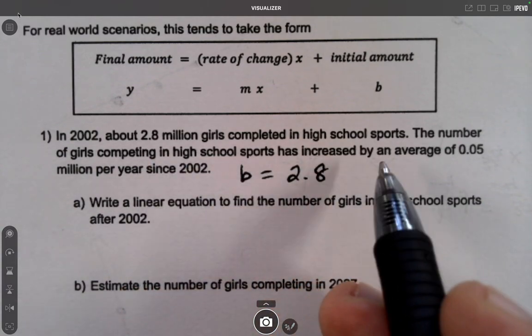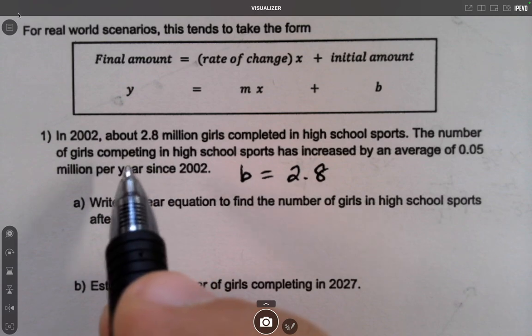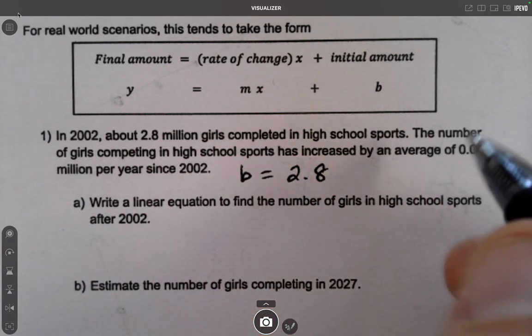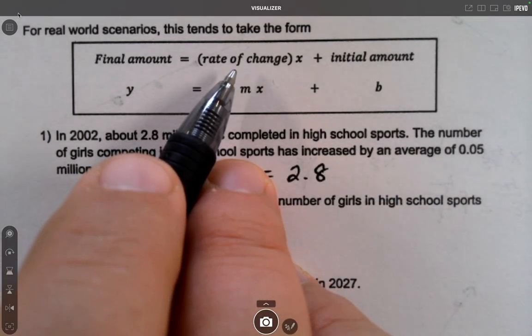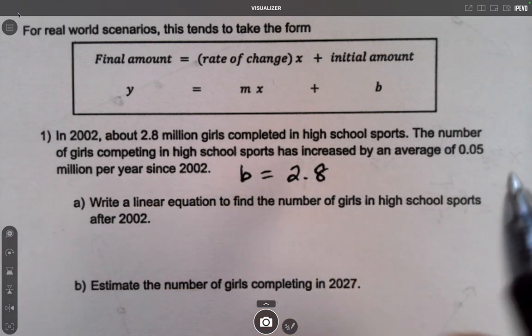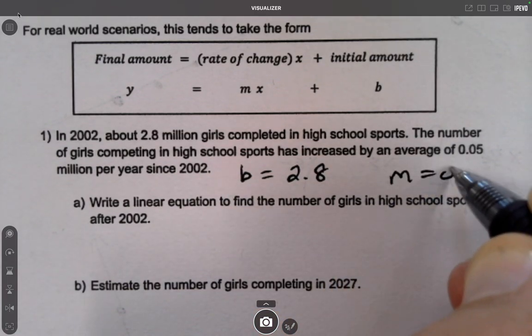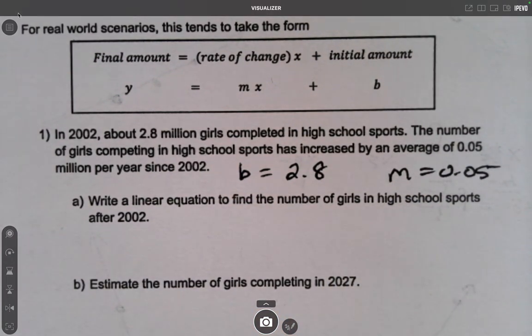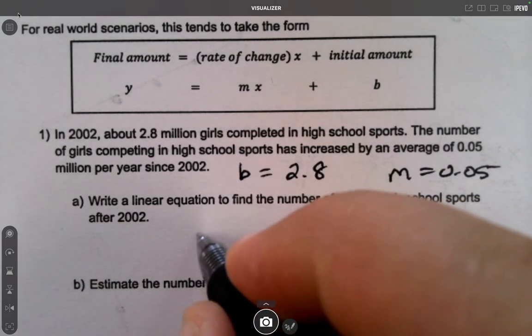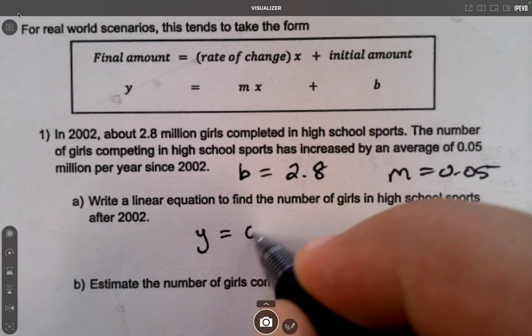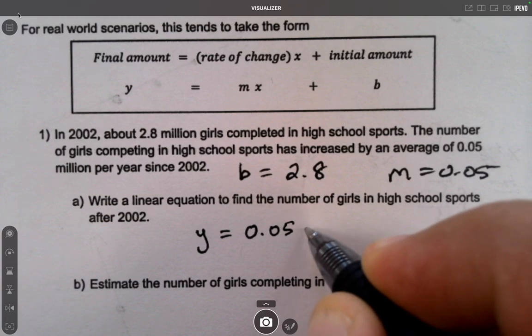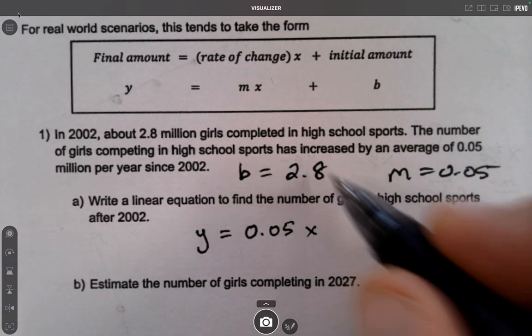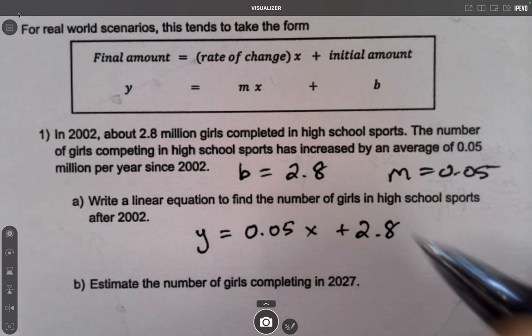It increased by an average of 0.05 million per year. So that's the rate of change. An increase, or a positive, 0.05. So now we can write a linear equation because we know the rate of change is 0.05, so that's our slope. And the initial amount we started with was 2.8 million.